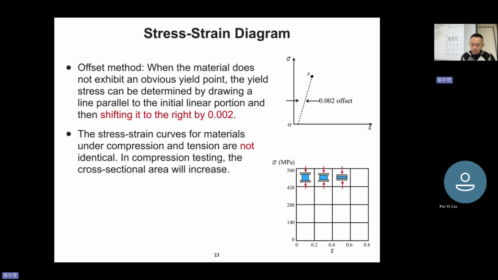Next, the stress-strain diagram. Typically, for material you bought in the shop, the shop will tell you this material has yield stress equal to blah blah. But for some materials it is difficult to measure the yield stress, so we typically use the offset method to define yield stress.